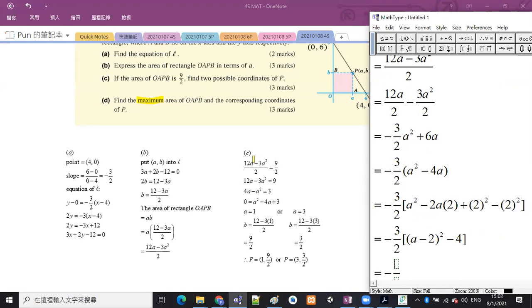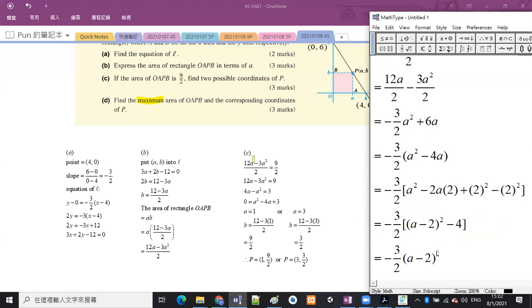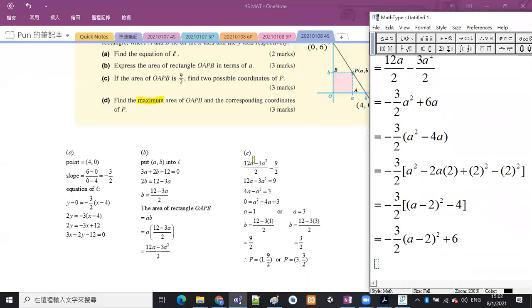It becomes negative 3 over 2 times a minus 2 bracket square. Double negative becomes plus 6. Can you get this? Okay, and then now this is already done. I mean the method of completing square. It is already in the AHK form, and our H value is equal to 2, and our K value is equal to 6. You see this?